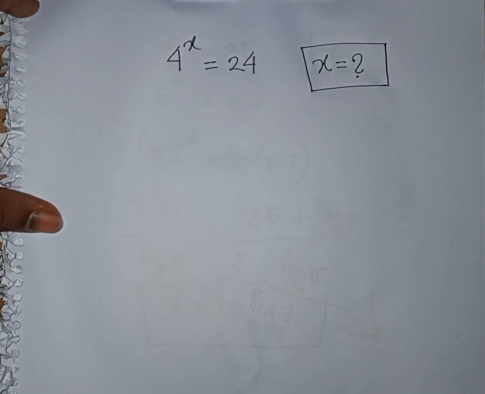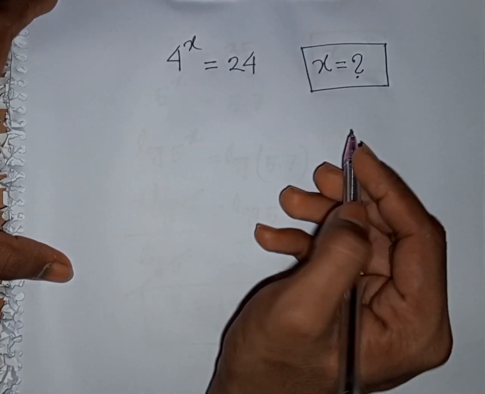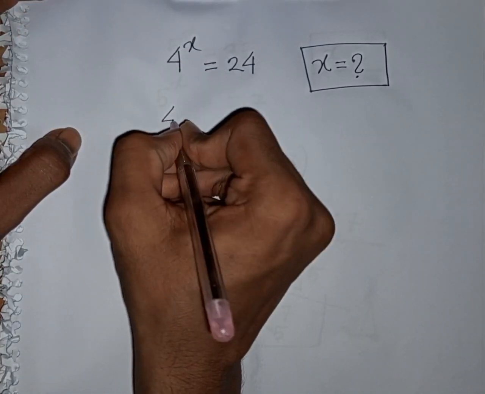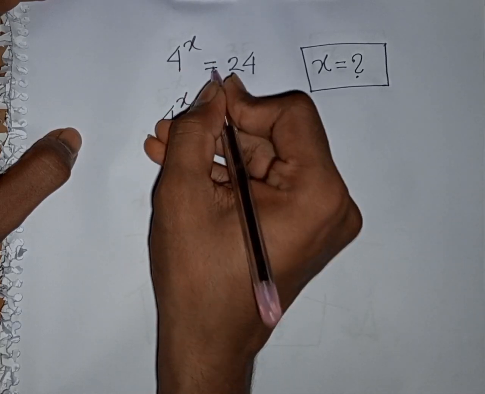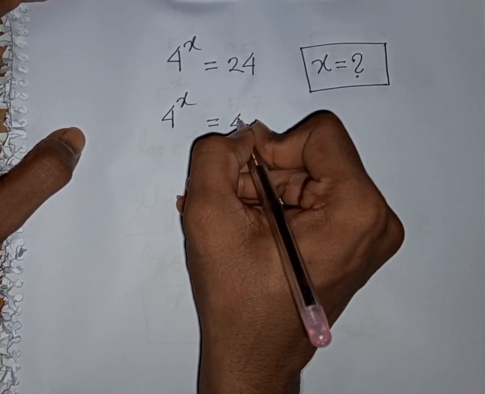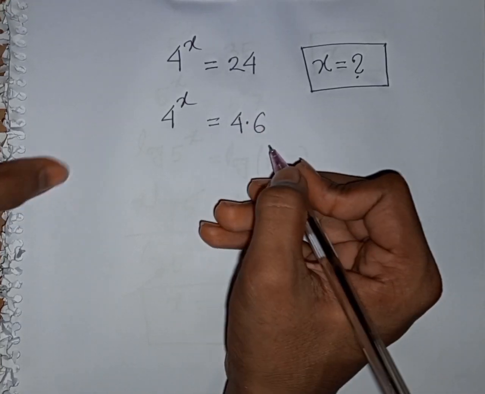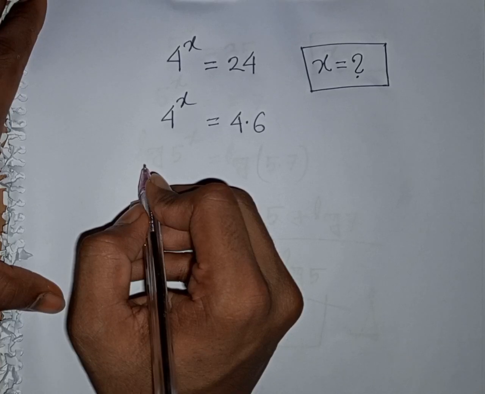How to solve 4 power x is equal to 24. Find the value of x. So we have 4 power x is equal to 24, which can be written as 4 times 6. Now we take log on both sides.